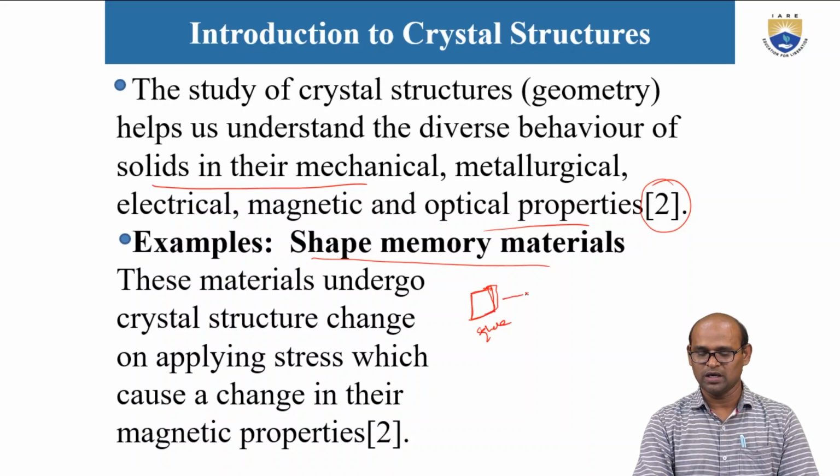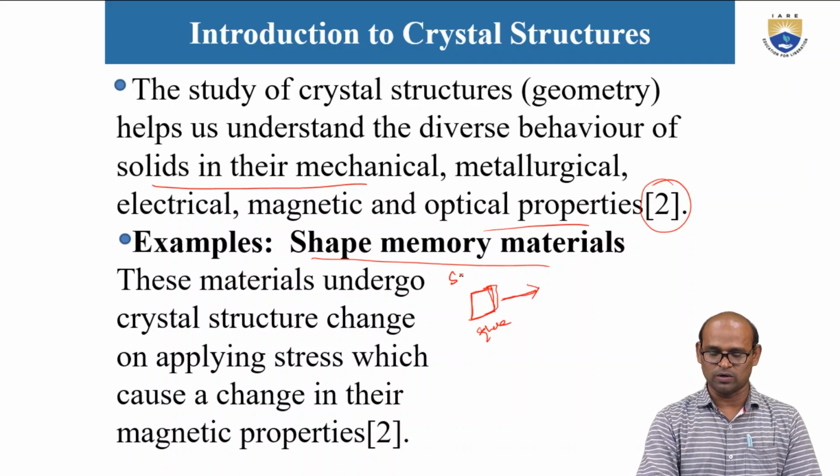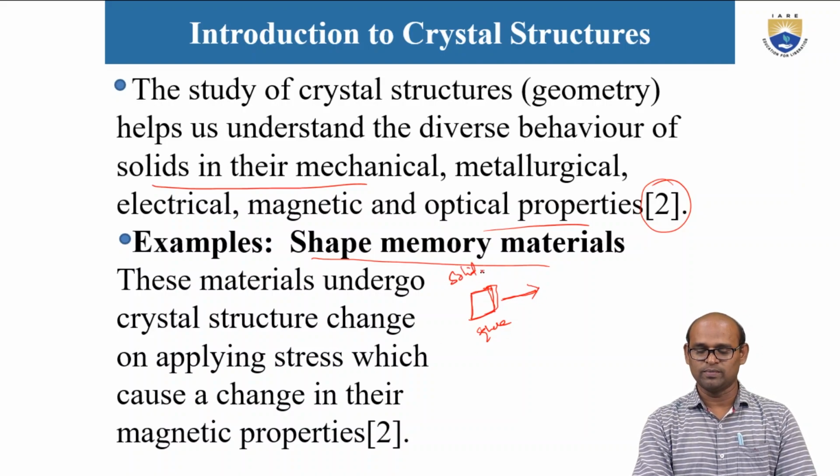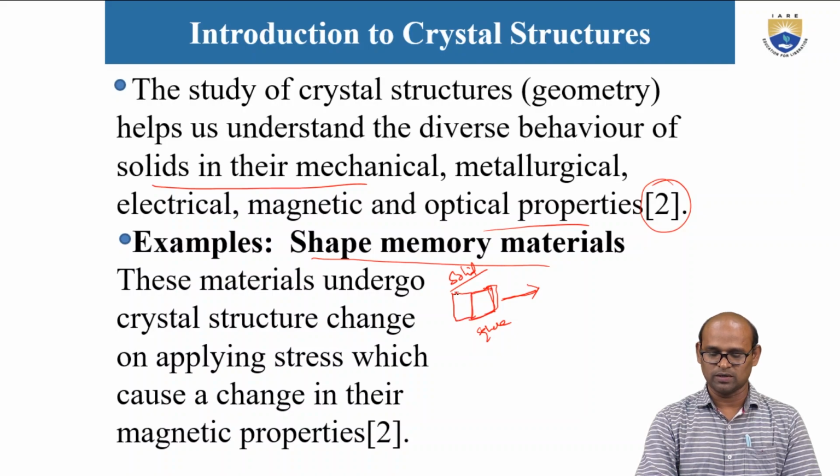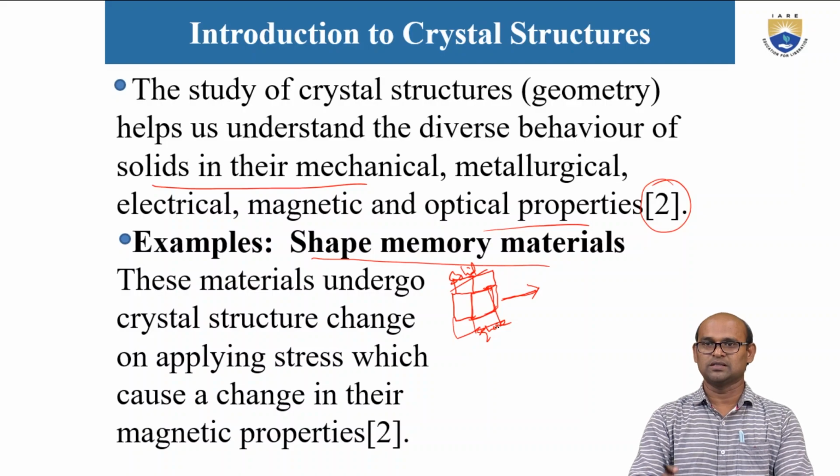Now if I cool this material, which is a solid, it is in the solid phase, and this solid has all square unit cells. If you look at the solid under a microscope, you will see this.